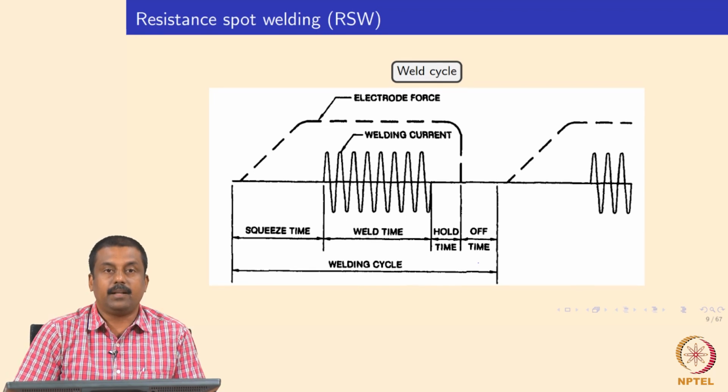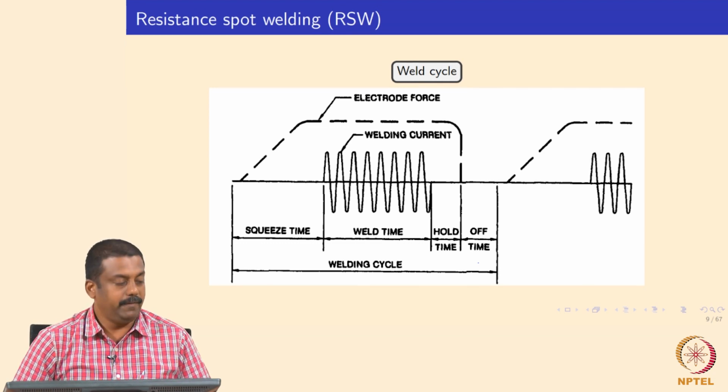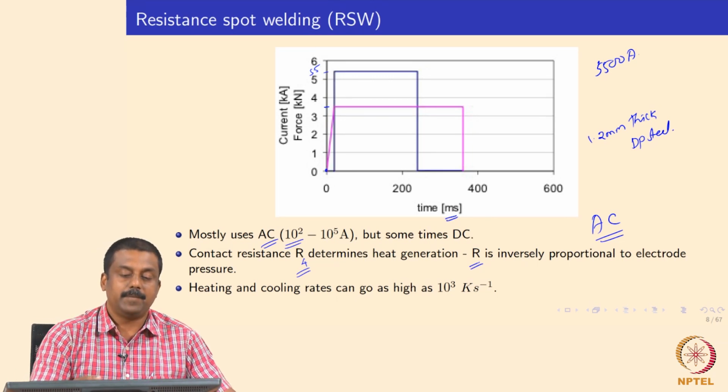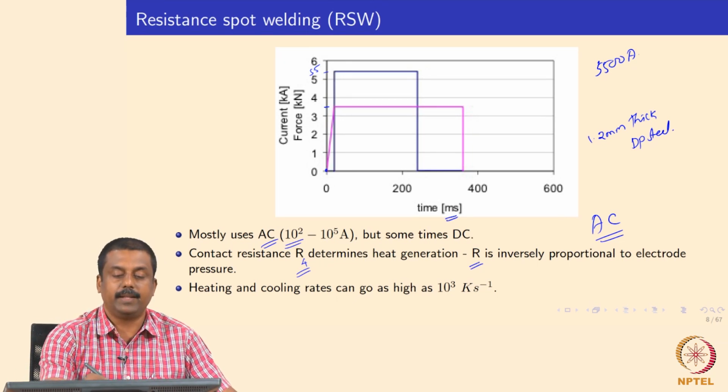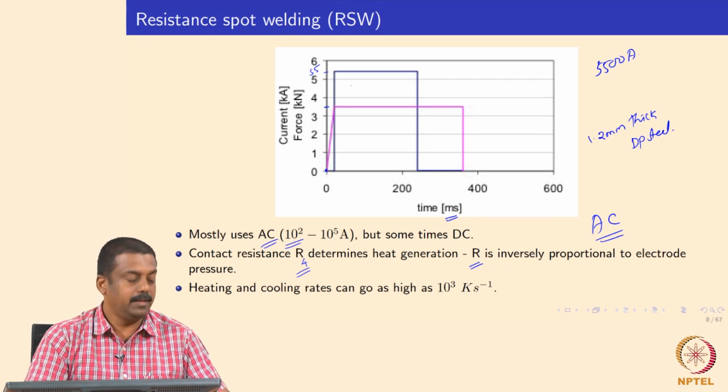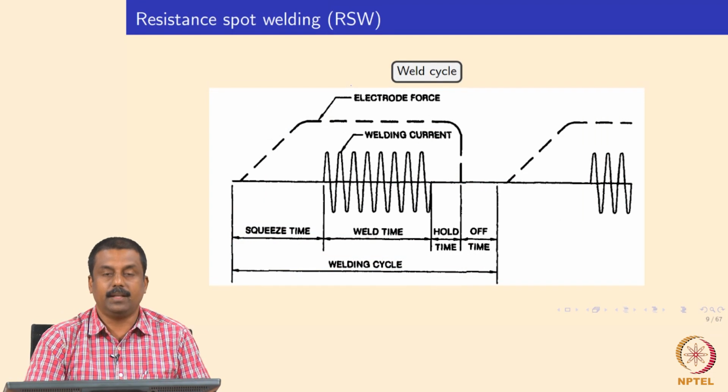A typical current and load cycle of resistance spot welding is given in this slide. In the previous slide, we saw a simple line graph where we applied a load as well as a current over a few milliseconds, and it is schematically shown in this cycle.